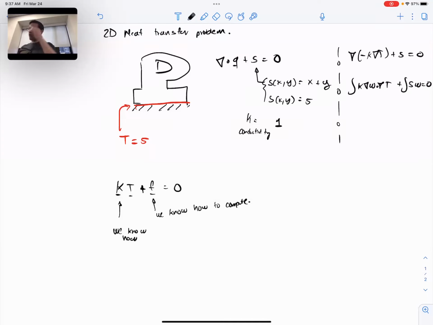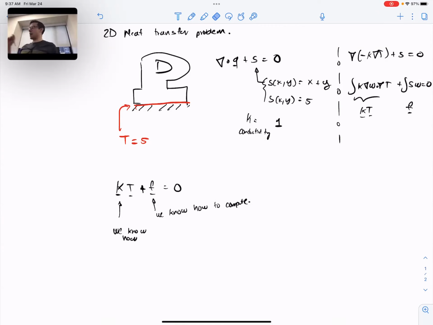So this is K times T, and this one will end up being the force vector. In my case, I will retain the plus sign. Just double checking. The flux will have a negative sign, but I won't have any flux terms today.